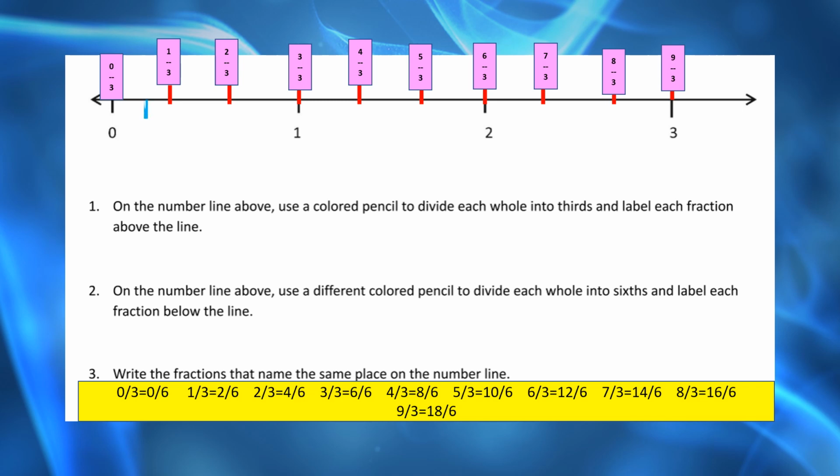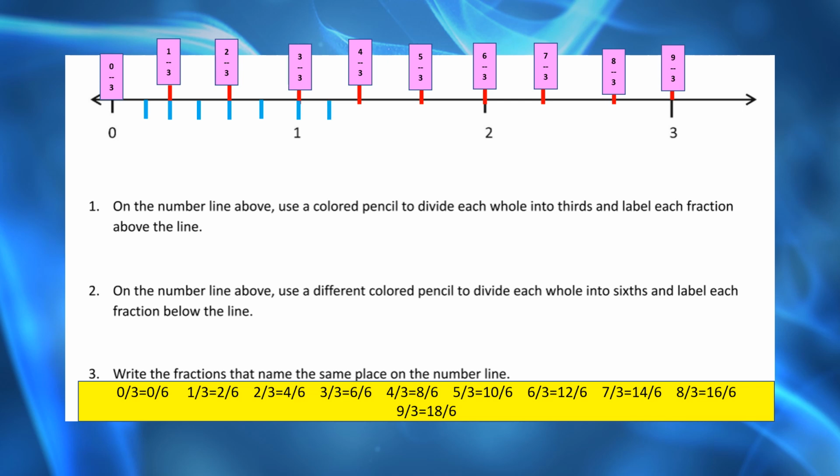So the first line should be in between 0/3 and 1/3. The second line should be directly under 1/3. The third line should be in between 1/3 and 2/3. The fourth line should be directly under 2/3. The fifth line should be between 2/3 and 3/3. The sixth line should be directly under 3/3.